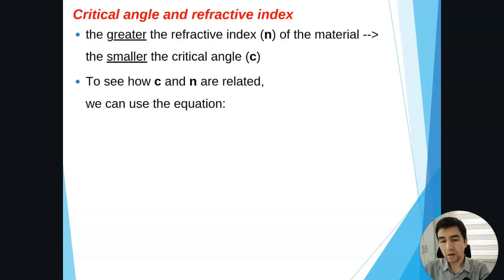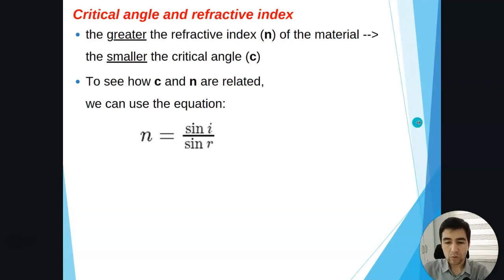To see how critical angle and refractive index are related, let's derive the key equation to calculate the critical angle for the materials. Let's start with the same old equation we have studied before for refraction.